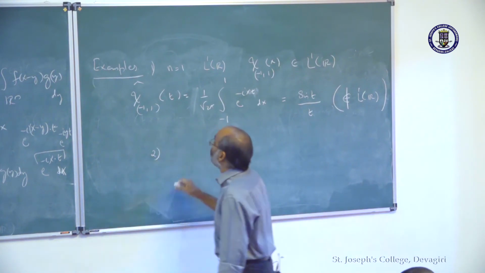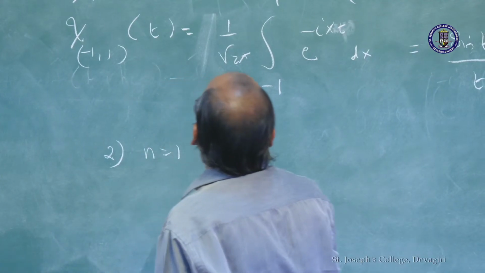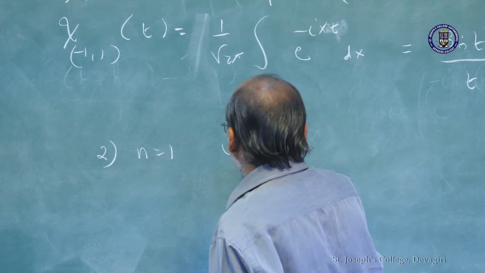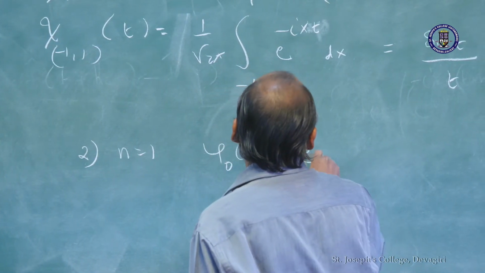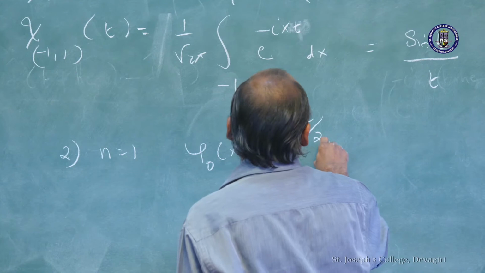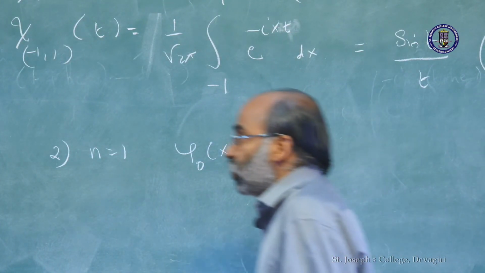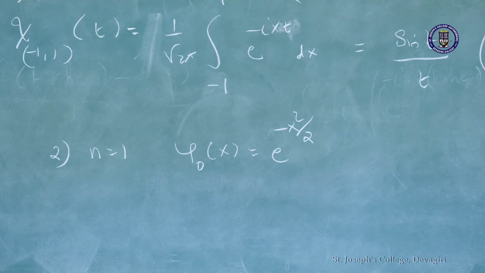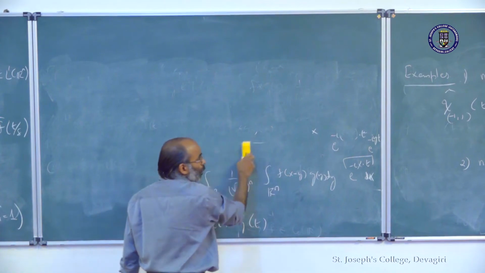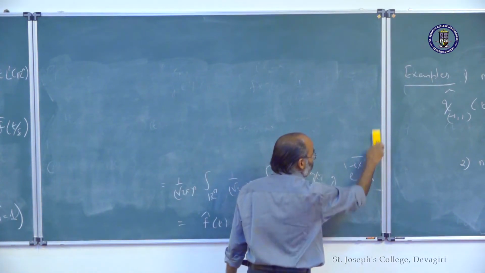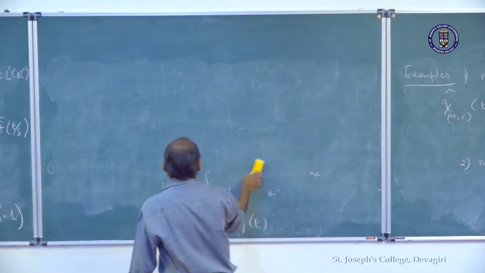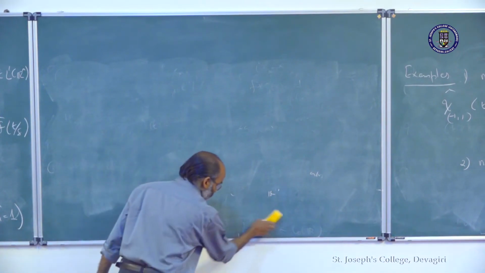Second example is very important again, n equal to 1. So, let us consider the function phi 0 of x to be equal to e to the minus x square by 2. Okay. So, this is a Gaussian, right, exponential. One of the most important functions you will see in Fourier analysis is this exponential. So, I called it phi 0 because you will see later why there are phi 1, phi 2, phi 3 and so on.